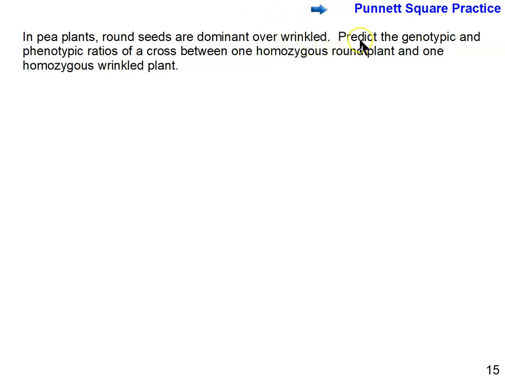So we're being asked here to predict the genotypic and phenotypic ratios. That's important information. That tells us what we're being asked to come up with. Predict the genotypic and phenotypic ratios of a cross between one homozygous round plant and one homozygous wrinkled plant. If you're paying attention, you might recognize that as one of Mendel's parental crosses.